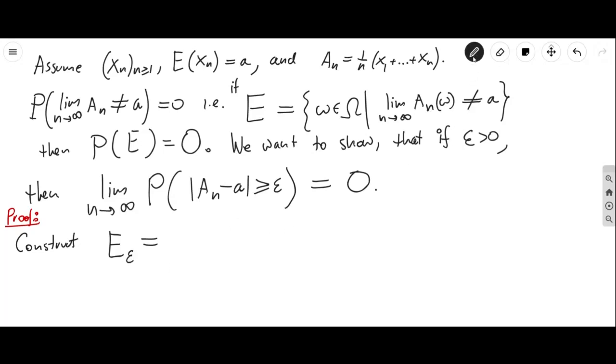So to write it out more carefully, this will consist of all sample points with the property that |a_n(omega) - a| is greater than or equal to epsilon, and we're going to write infinitely often.